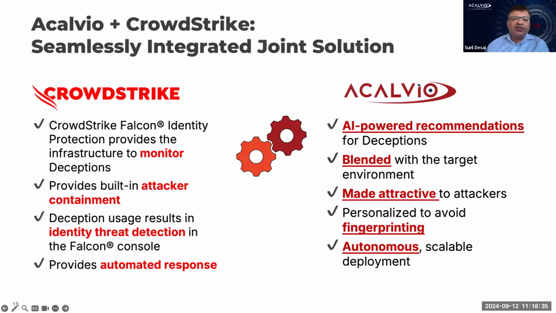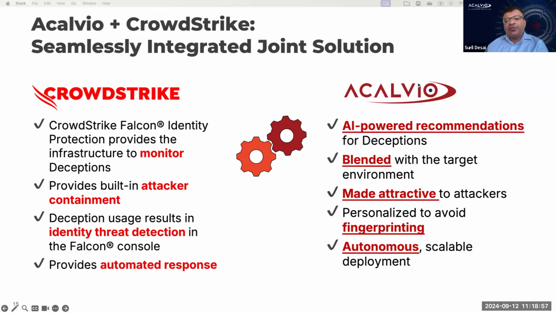Any usage of a honey token account results in a detection, and that detection shows up in the existing CrowdStrike console of the customer. CrowdStrike also has a way to respond to the detection, so the SOC can, in an automated manner, isolate the endpoint on which the attacker is present.